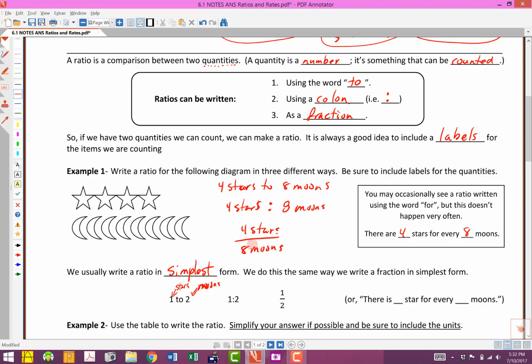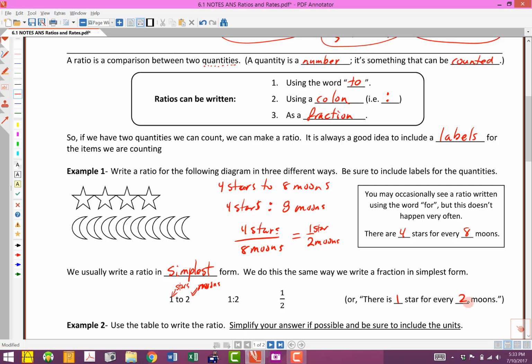If we reduce 4 over 8, 4 goes into 4 once and into 8 twice, so we end up with 1 star for every 2 moons. If we start out with a fraction, we can reduce and simplify it. Again, what we're saying is there is 1 star for every 2 moons.